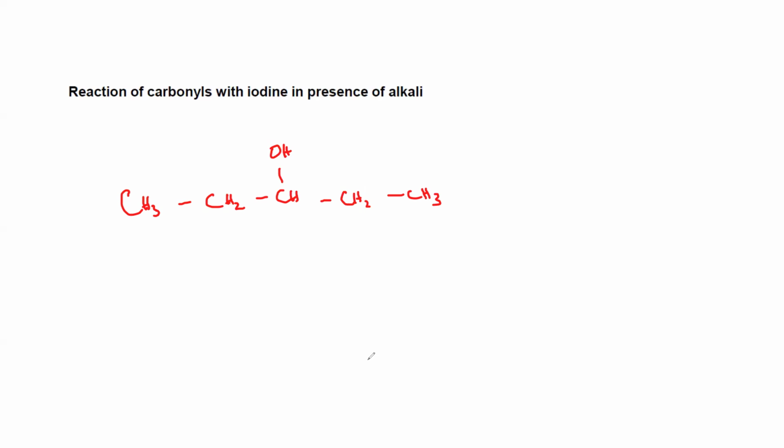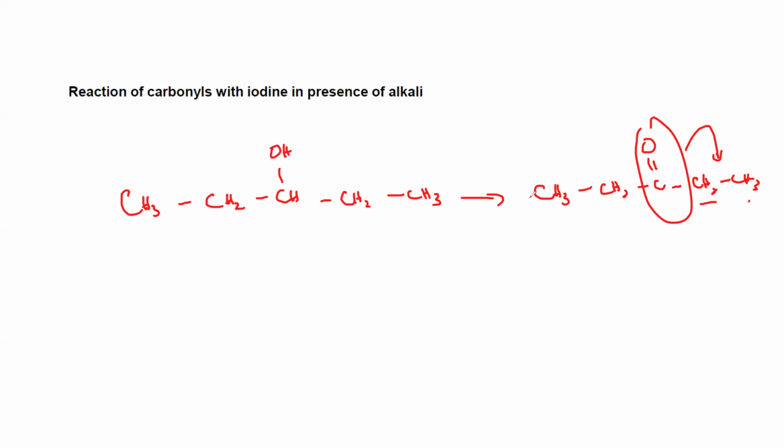This will be a negative result. Why? Because this alcohol will be oxidized into a ketone, and that ketone does not have a methyl group next to the carbonyl group. So there is a carbonyl, but there is no methyl next to that, so it will give a negative result.